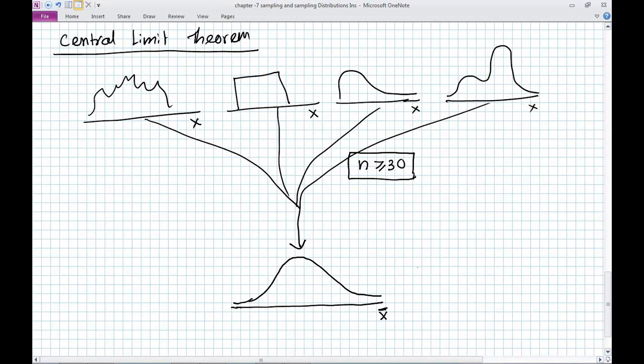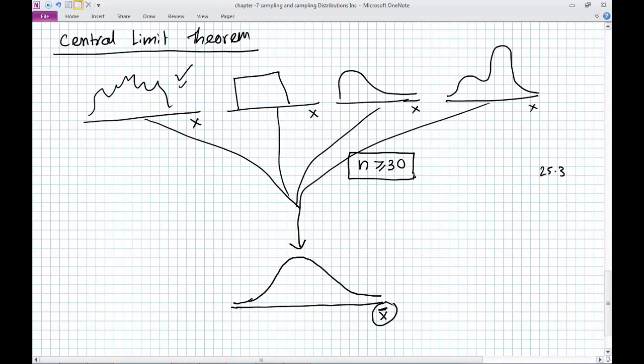So please note that the x-axis I have put here is x bar and not x, which means if I take, let's say, a sample of size 30 from the first distribution and calculate x bar, I may get, I'm just making up some numbers, maybe 25.3.